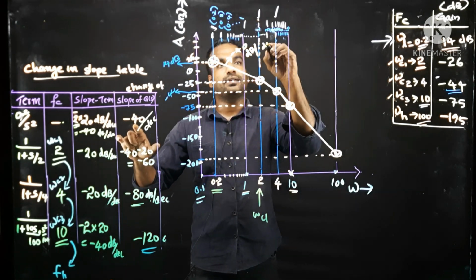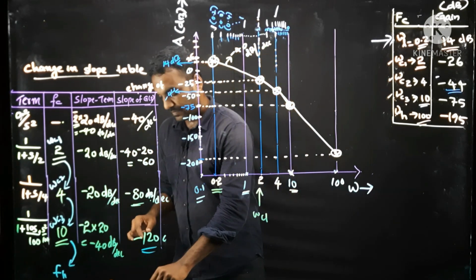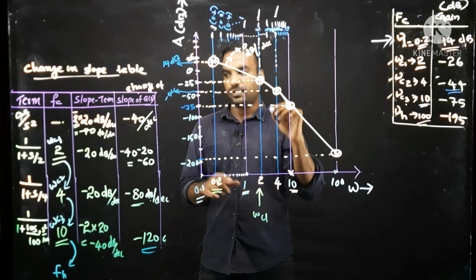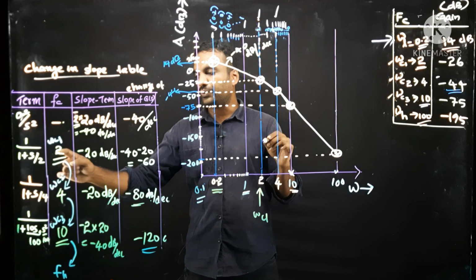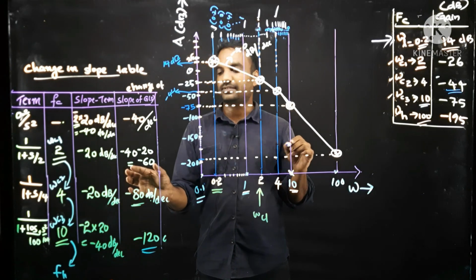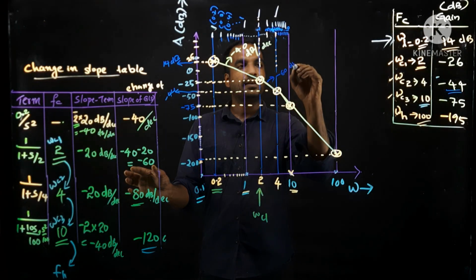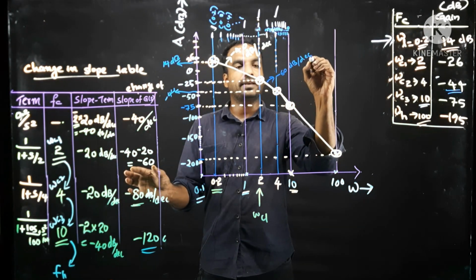The next slope will be from corner frequency 2 to corner frequency 4, and the slope will be minus 60 dB per decade.